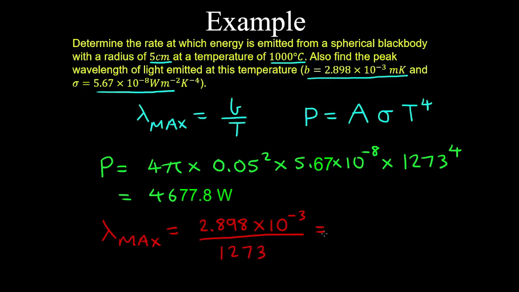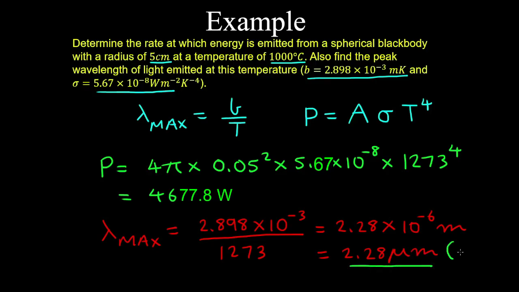So that gives a wavelength of 2.28 by 10 to the minus 6 meters. And if you multiply this by 10 to the 6, you get 2.28 micrometers. So this is in the infrared region of the electromagnetic spectrum.